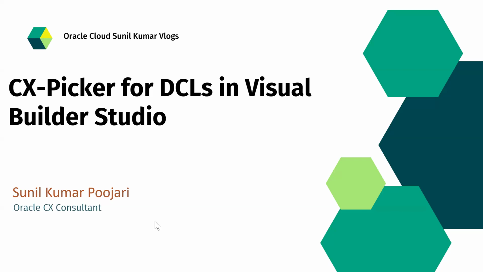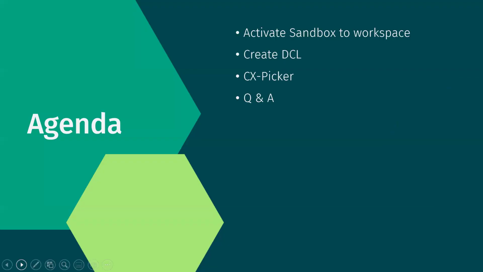Okay. So in this session, we'll see about CX Picker for dynamic choice lists. We will see activating a sandbox to a workspace, and then we'll do the changes for creating a DCL in the sandbox, and then we'll apply that sandbox to the workspace without publishing.